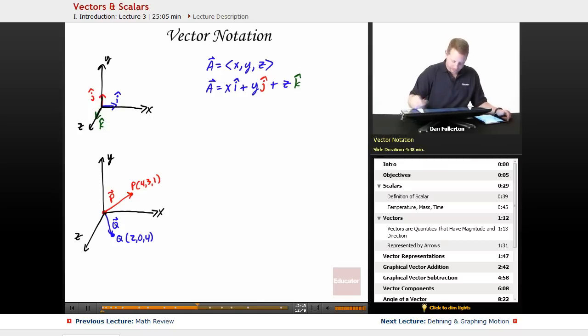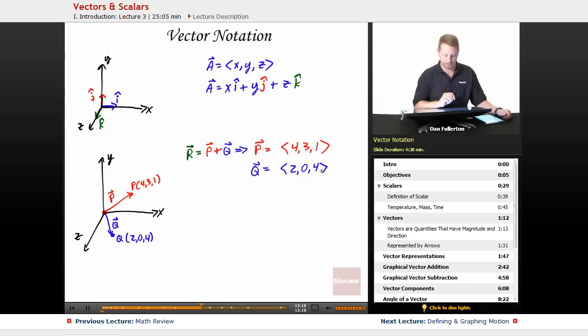Well, what we could say is that vector R is going to be equal to vector P plus vector Q. Therefore, let's write P as equal to 4, 3, 1 in this bracket notation for vectors, and vector Q is equal to 2, 0, 4 in vector bracket notation.